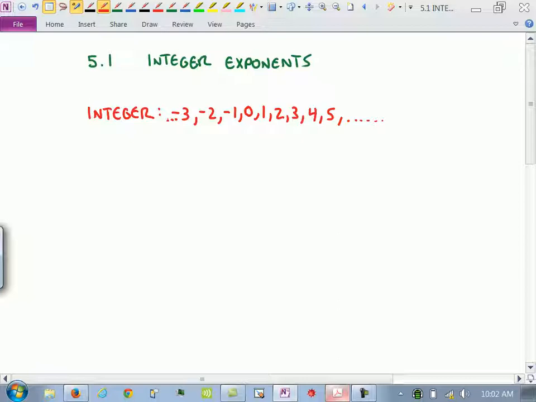The fraction 1/4 is not in that list. Integers are whole numbers, either positive or negative, including 0. All right? That's what an integer is. With me? Okay. So we've got the definition of what an integer is. Now what's the definition of an exponent?